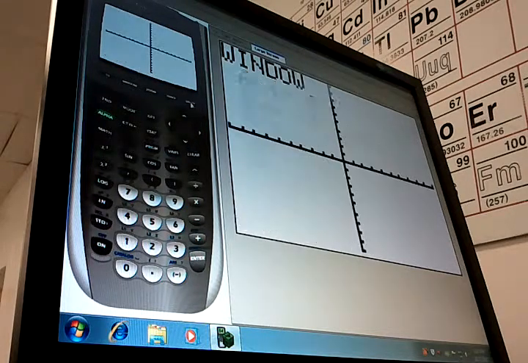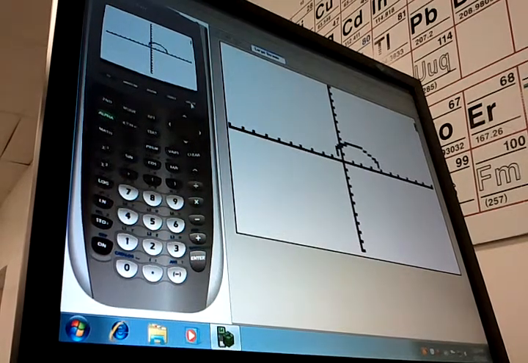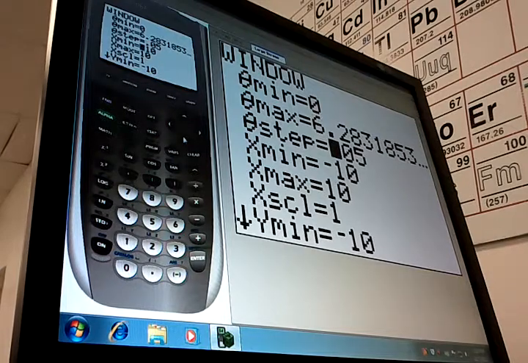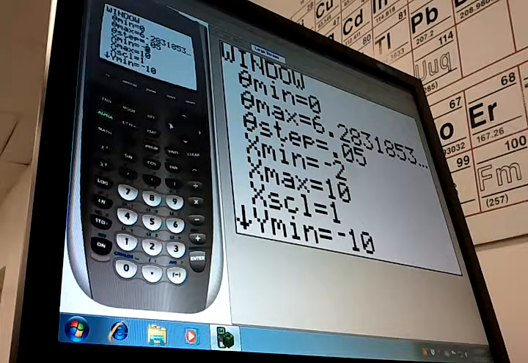Something else that's kind of wrong with this, looking back at the graph real quick, is it's a little too small. I don't know if you guys remember, the most it gets is 4 over here, right? So let's make x min and x max negative 4 to 4.